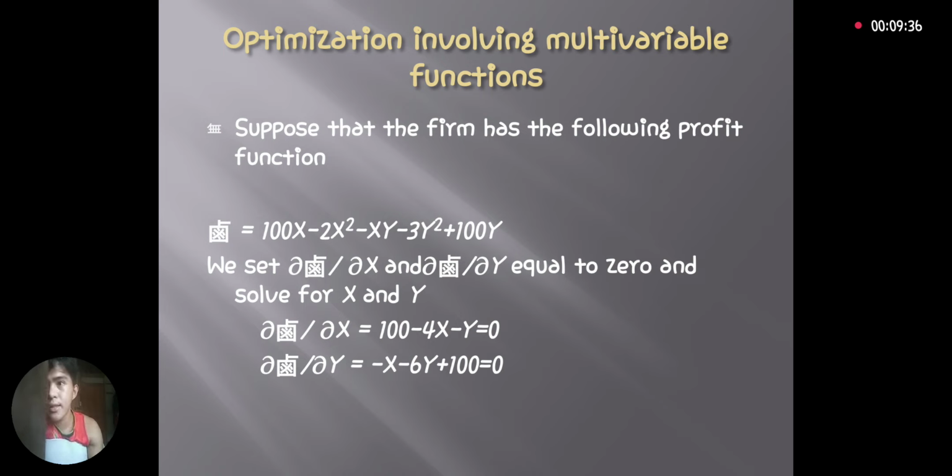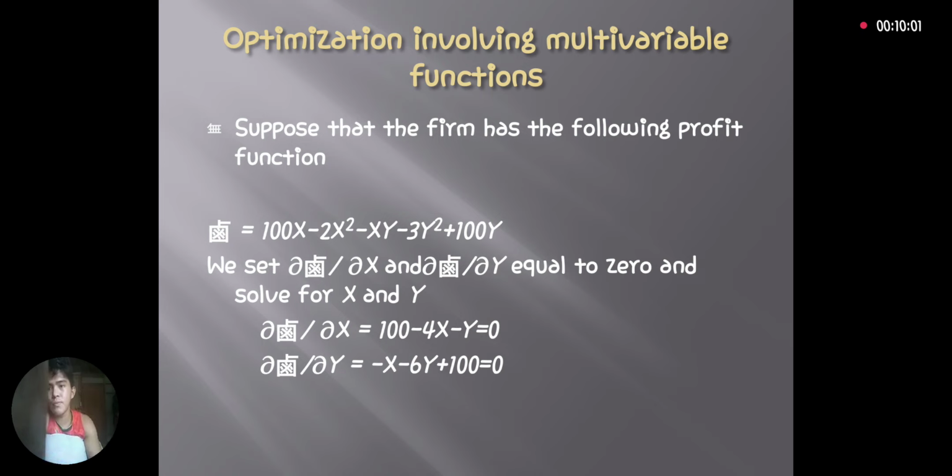So we set the partial derivatives with respect to x and y equal to 0, and solve for x and y. After this, the partial derivative with respect to x is equal to 100 minus 4x minus y equals 0.